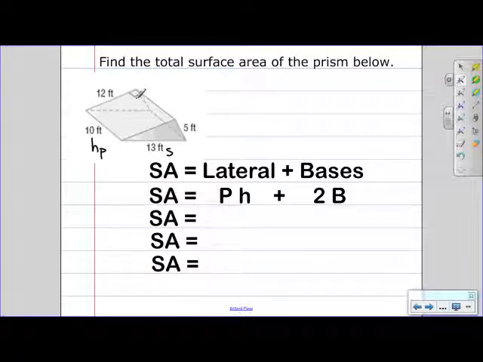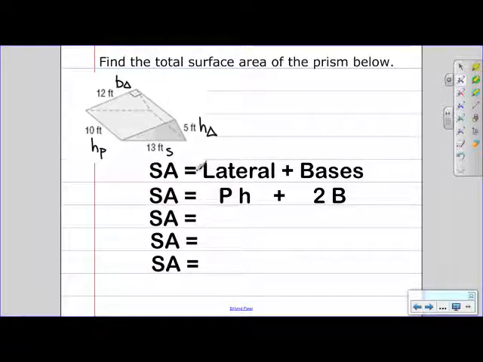But notice the right angle here. That tells me that this side and this side are the base and height of my triangle. So let's say that 12 feet is the base of my triangle, and 5 feet is the height of my triangle. So now let's look at the formula.